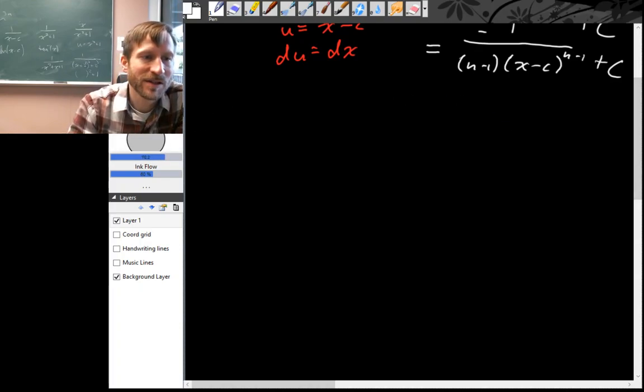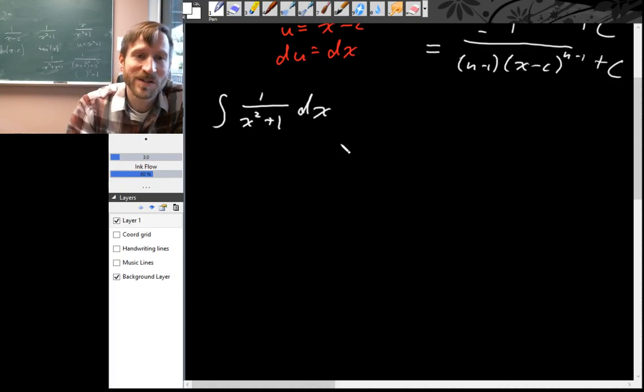The third possibility was an irreducible quadratic, and my own personal archetypical irreducible quadratic is x squared plus 1. So let's integrate 1 over x squared plus 1 dx. And for this particular irreducible quadratic, something very nice happens.